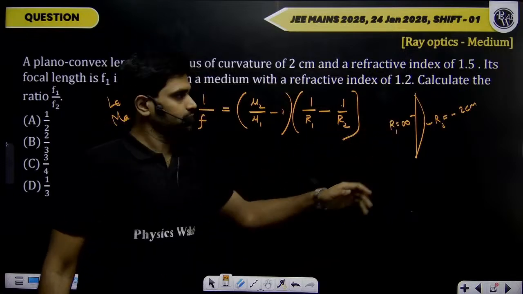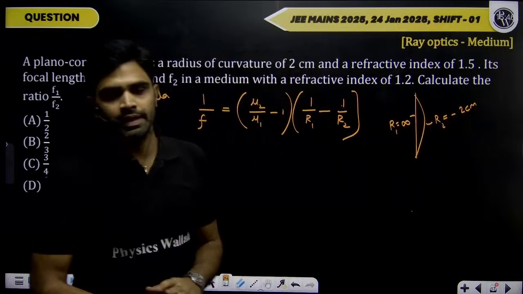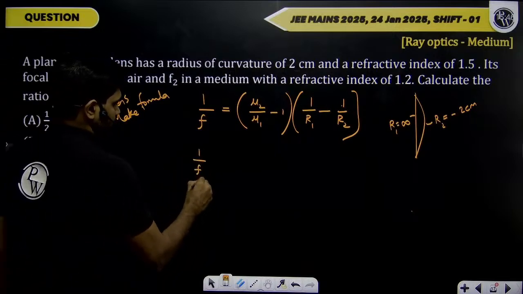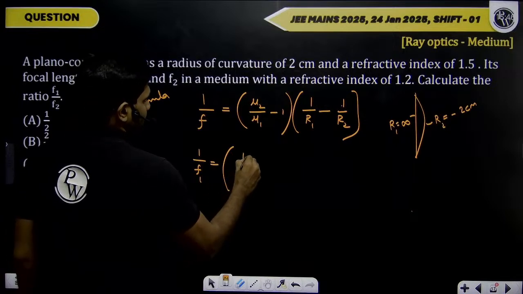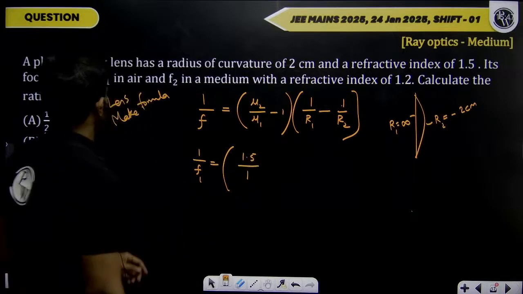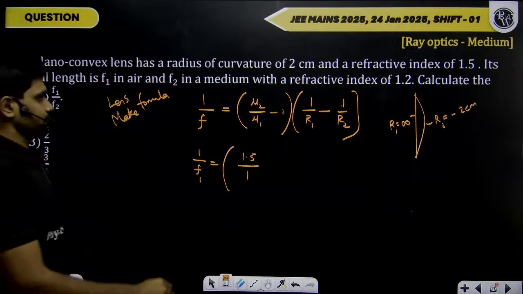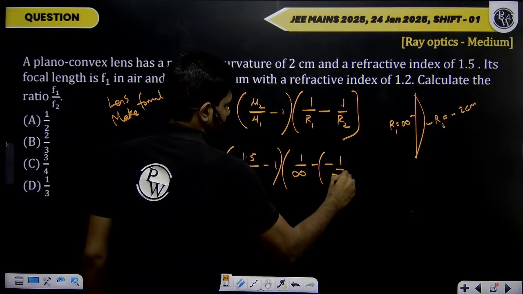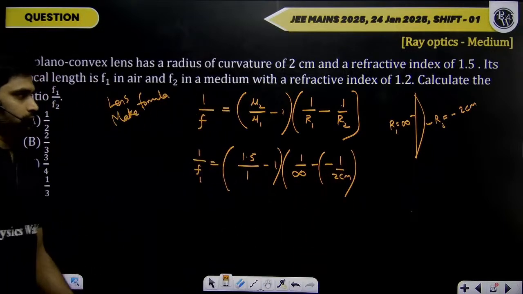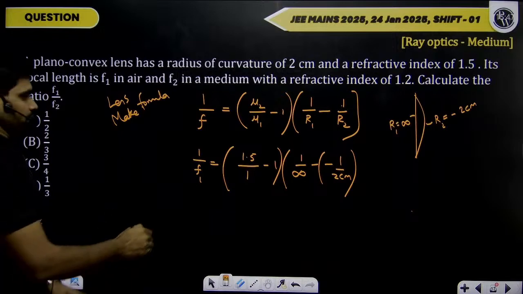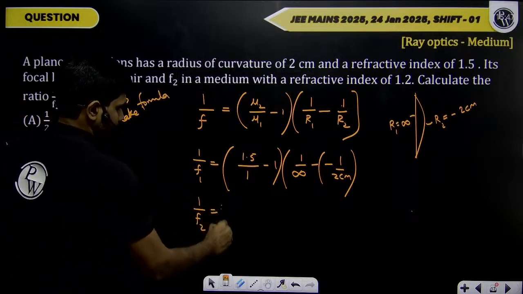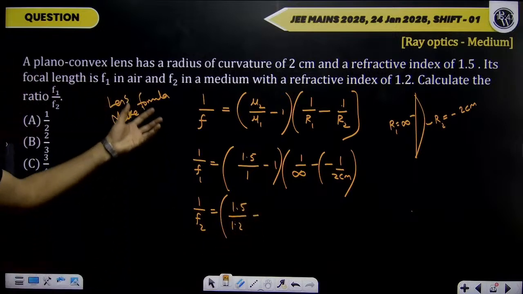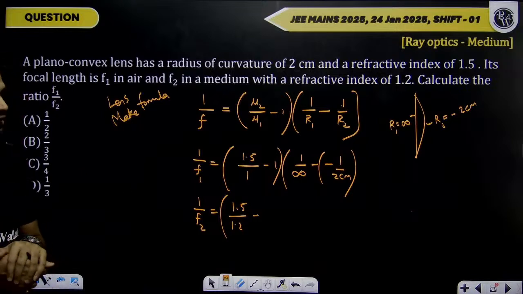So first, what is f1? 1 by f1 is 1.5 by air because f1 is in air, 1 by infinite minus of r2, whereas f2 is 1.5 by 1.2 because now you are dipping it in a medium of 1.2 refractive index.